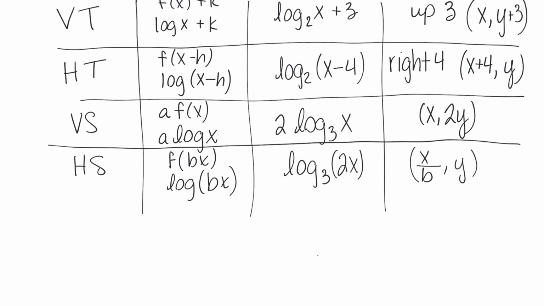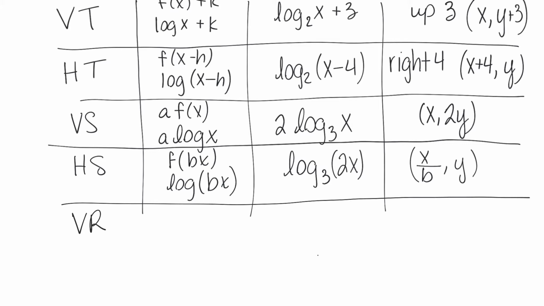Okay, how about reflections? Reflections are also a thing. Let's do a vertical reflection. A vertical reflection is usually just the negative of f of x. Just like everything else, we're just going to say negative log of x.